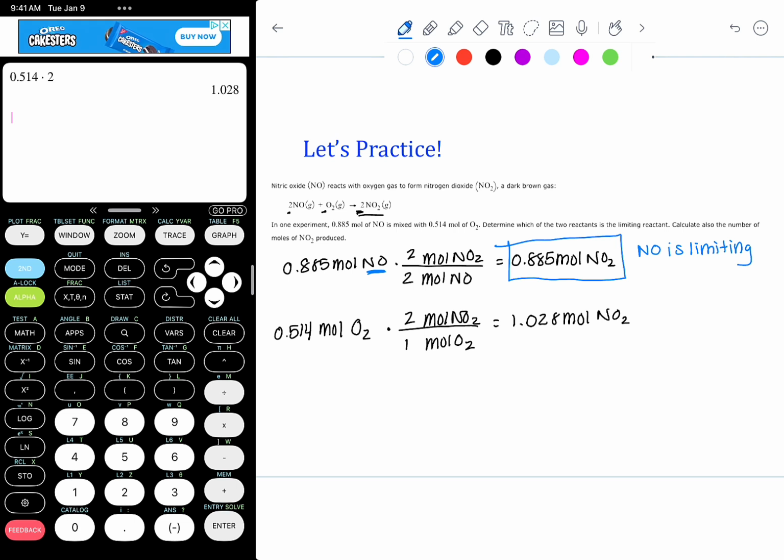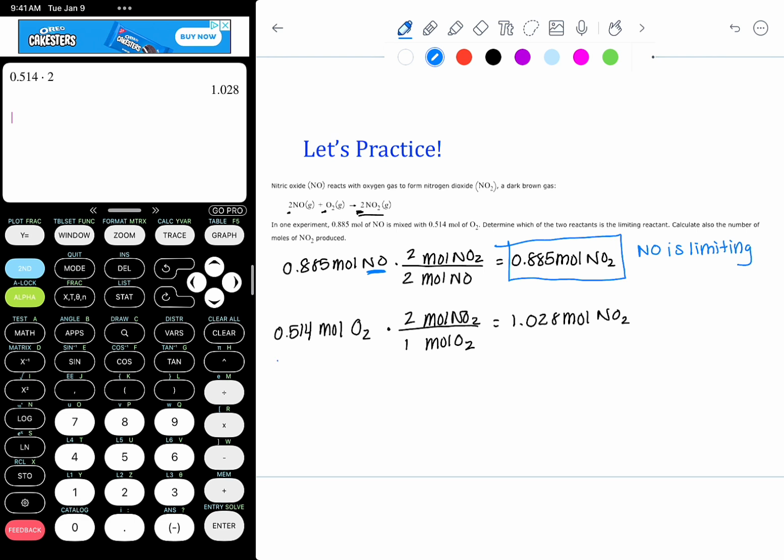Now your textbook does show a different way, and I believe Alex shows this way as well, but there are multiple ways to do these problems. I personally find going from reactant to product the easiest way because most of these questions are usually asking for how much product is produced, so this is a direct way.